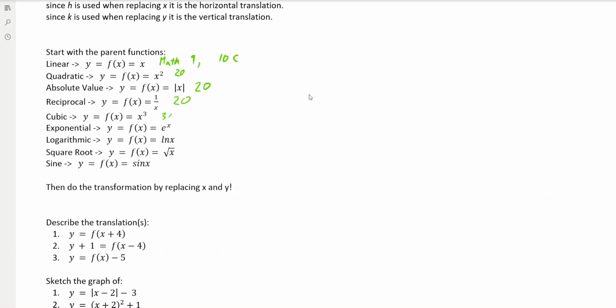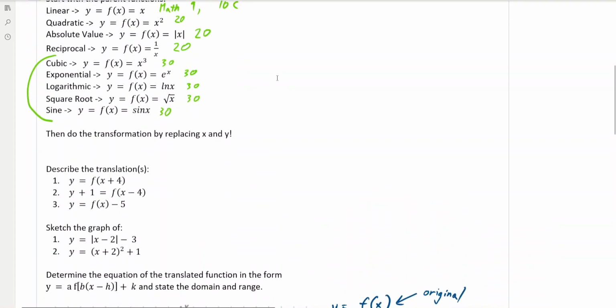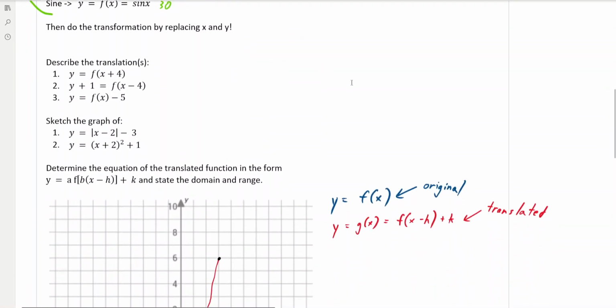And then these ones, I believe, are all in the 30 level. So we're going to be looking at all of these at some point, but the point here is not even that you necessarily need to know any of these yet. It's just that you need to know how to translate them. Okay, so we're going to show how to do that in a few different ways. Let's try some example questions, and then we can move on.